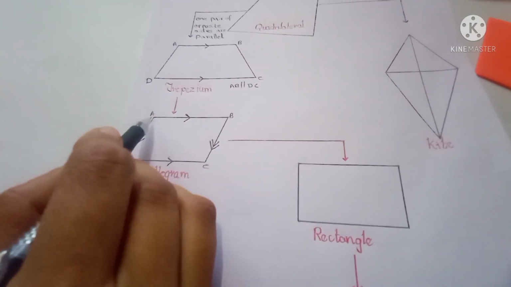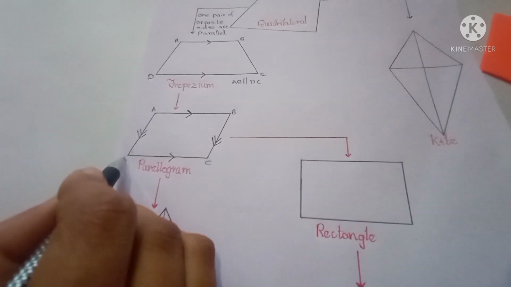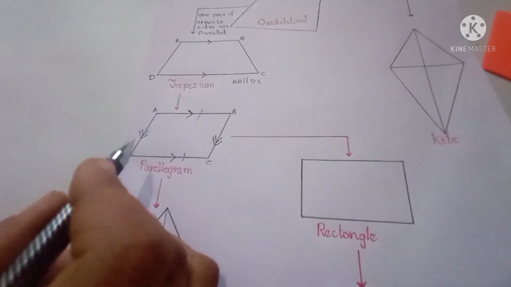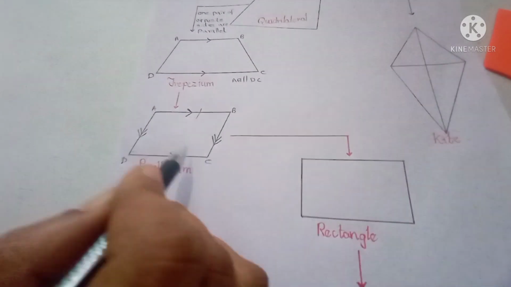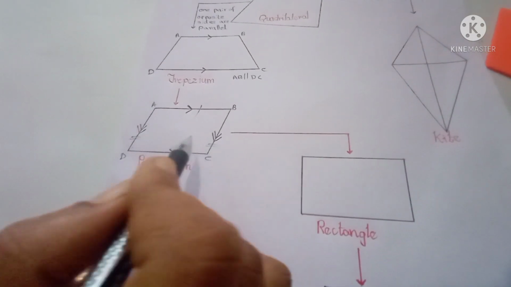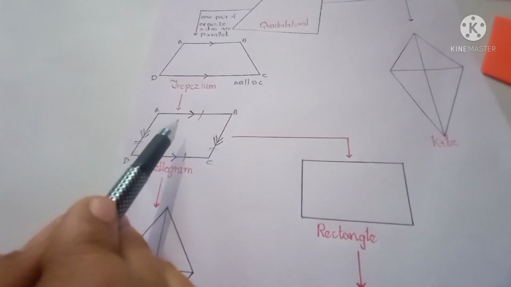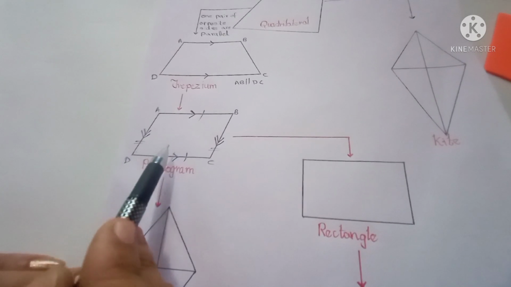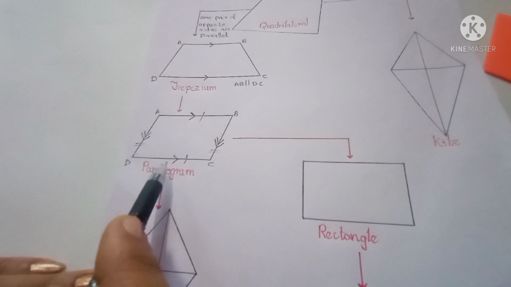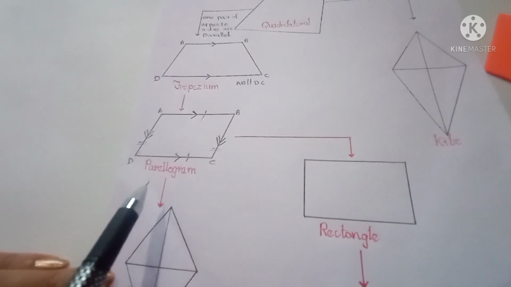AB equal to DC like this, and BC equal to AD. So in a parallelogram, both pairs of opposite sides are parallel and equal. Then they call it a parallelogram.